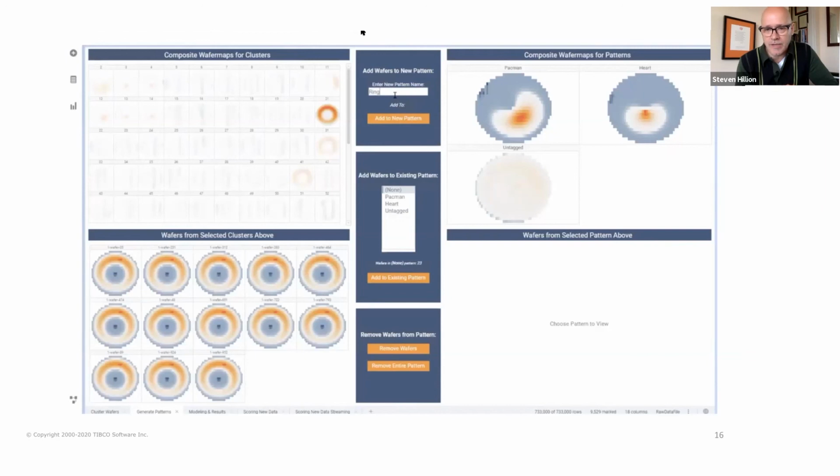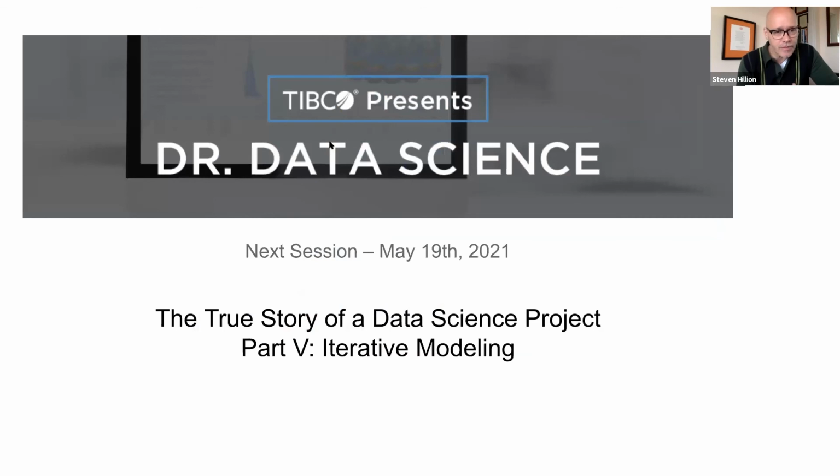And we'll explain exactly how that worked and how we built this really intuitive, interactive UI for developing those models. So that's next month, again, third Wednesday of the month, the iterative modeling section of our project.